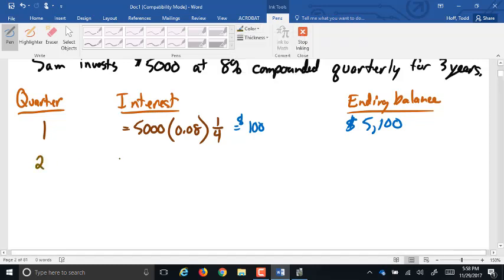So then in quarter two, I'm going to start out with the $5,100. What's that end up being for interest?